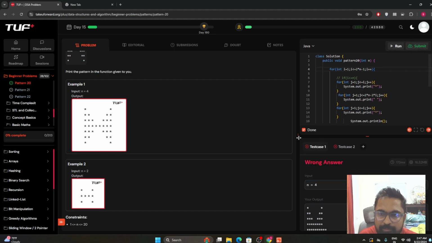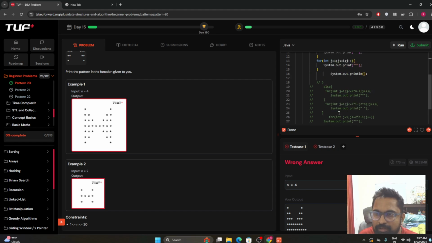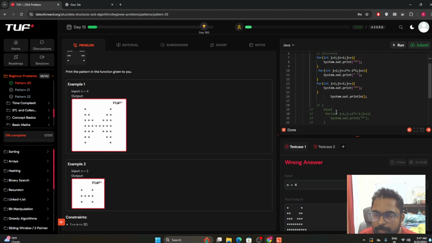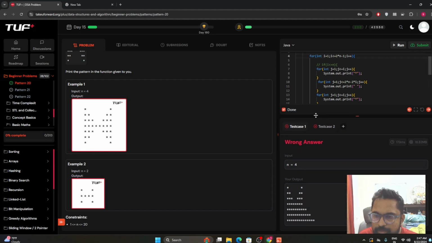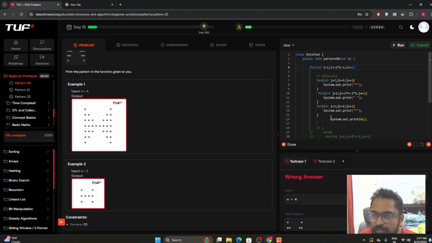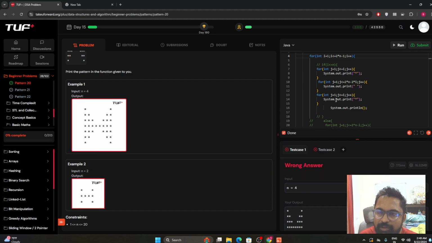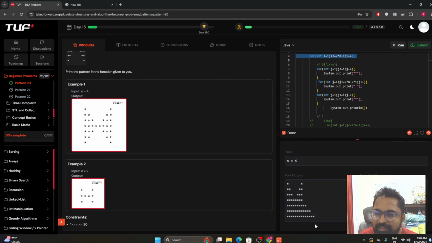It is anyway wrong, because we have already written our i loop, so it's printing again and again. But just consider till this part.